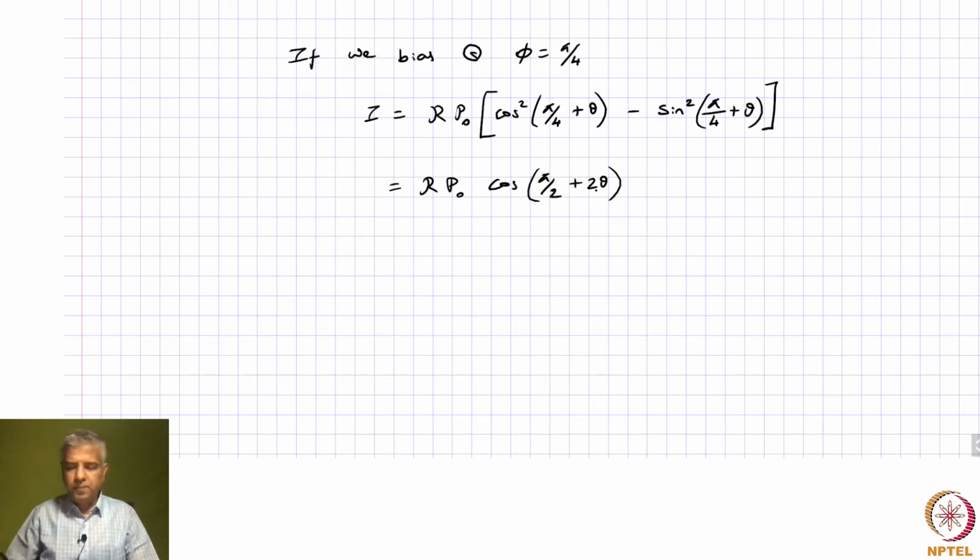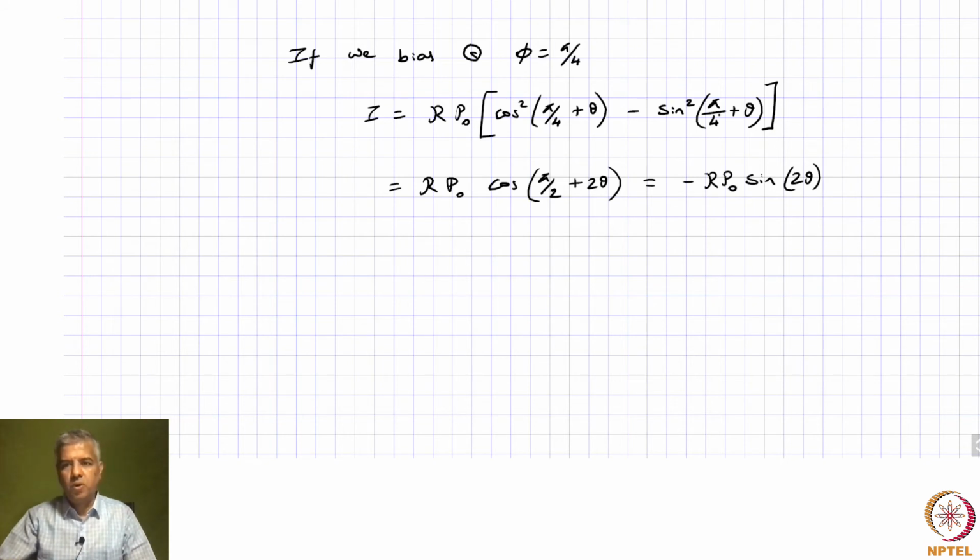Which can be written as minus sine 2 theta. So this is minus r times p naught into sine of 2 theta, right? Theta is the deviation from the pi by 4 bias that we have applied.